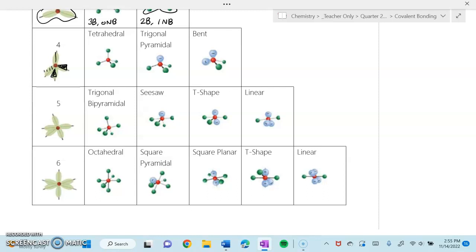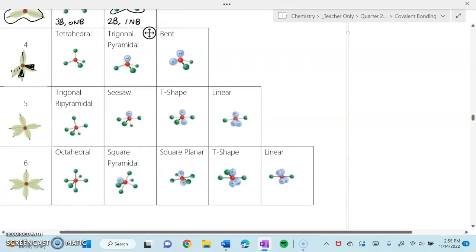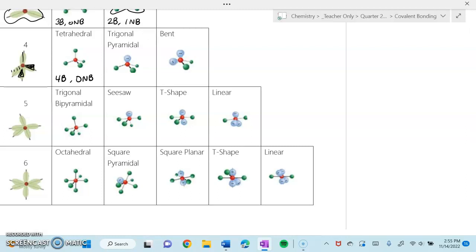That is how we would see this shape for 4. Its bond angle ends up being a little bit larger than 90 degrees. It's actually 109.5, kind of particular there, but that is a larger bond angle to repel the electrons a little bit better. So if we have all 4 bonding regions, then this would maintain the shape of tetrahedral with no lone pairs.